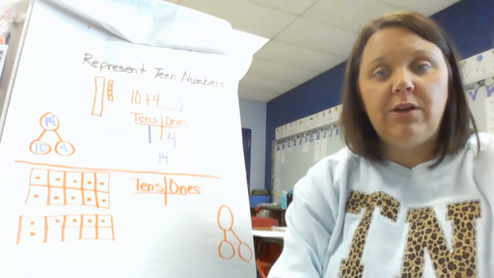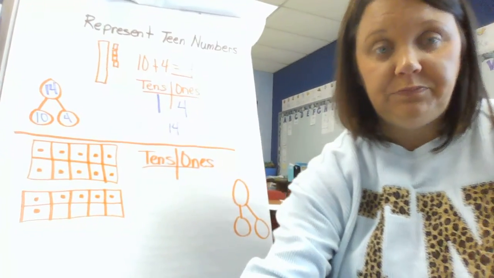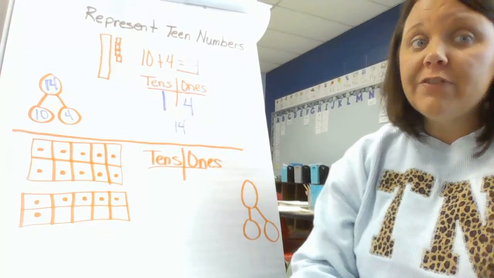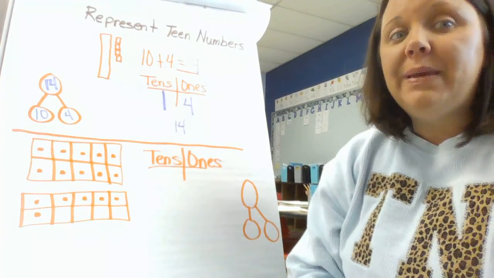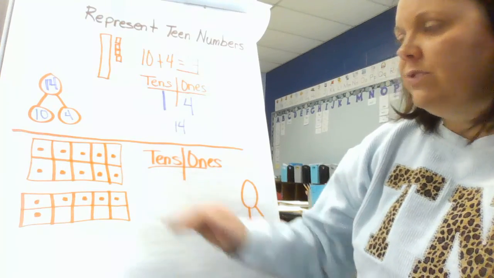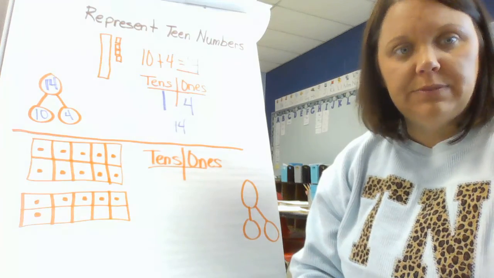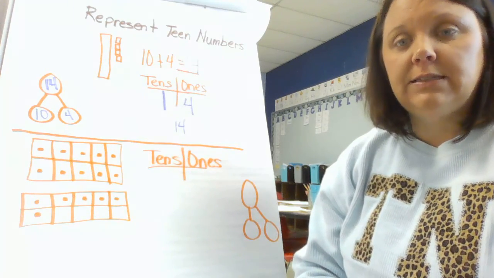Some of you have probably already noticed this at the bottom of the paper. It is a 10 frame. Well, actually, there are 2 10 frames because, let's look at our number. What do you think our number would be if there were 2 10 frames? I'm going to give you a second to see.